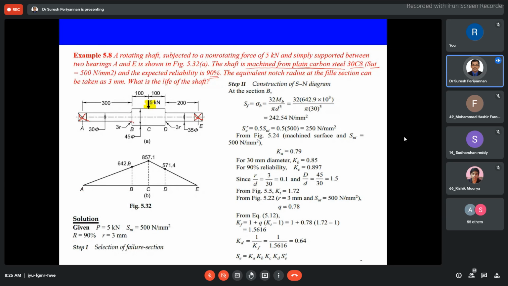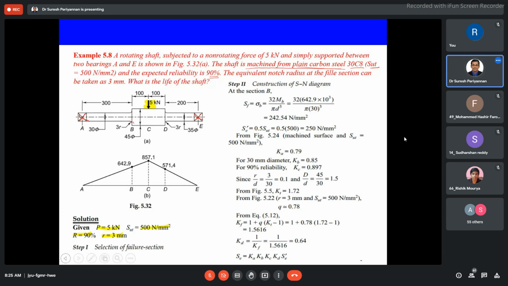Now we would like to find out the life of the component, in the sense, in how many stress cycles the component will fail. The 5 kilonewton is given, the SUT, the ultimate strength, is given, reliability is given, and notch radius is given.